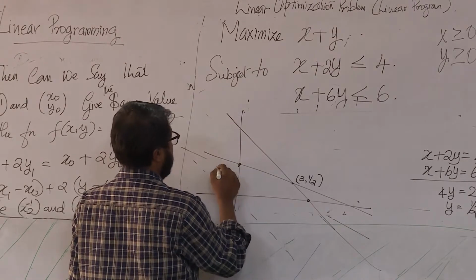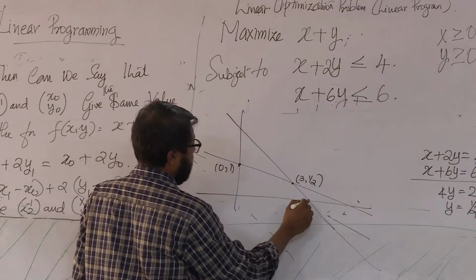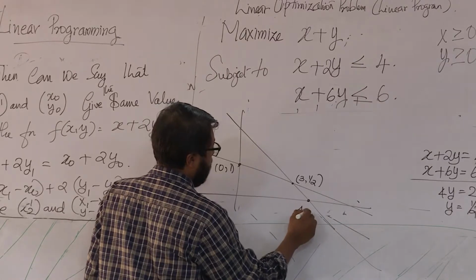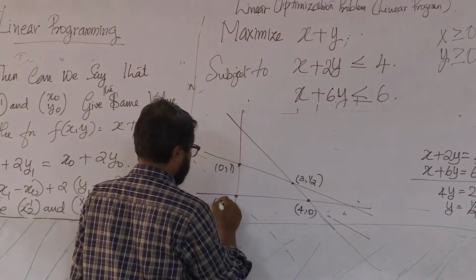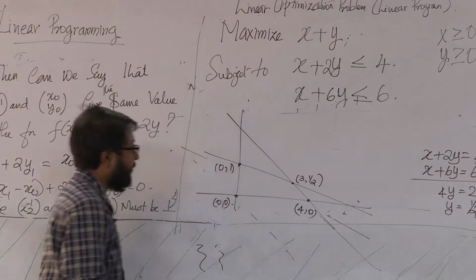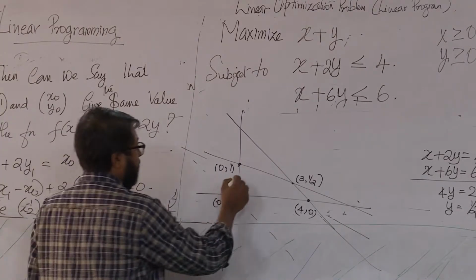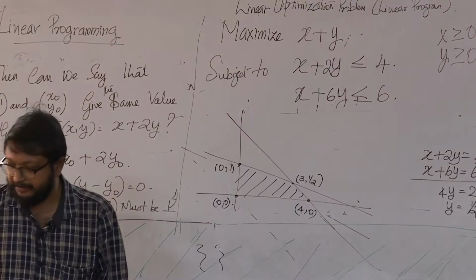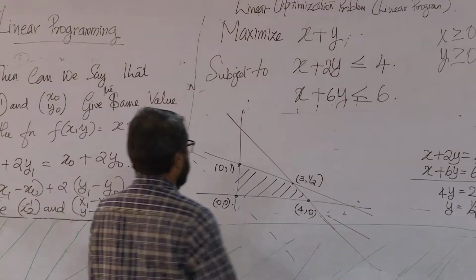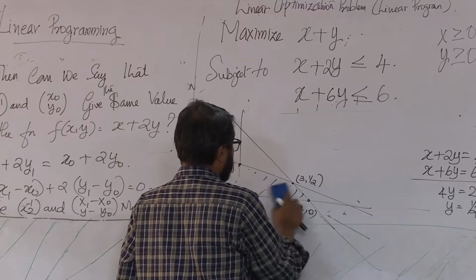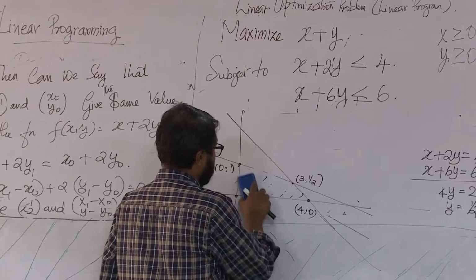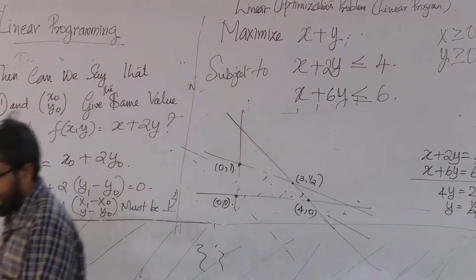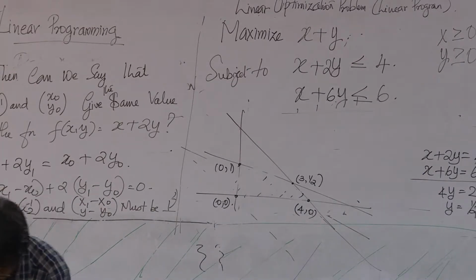This is 0, 1. This is 4, 0 and this is 0, 0. So this is the constraint region. This is the region where I am searching for a point. I will use a different color.